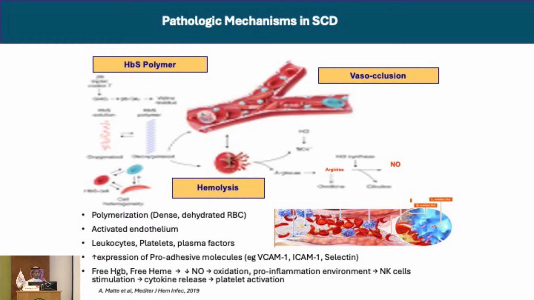That leads to injury of the endothelium and the expression of adhesion molecules that attract different sorts of cells, which really increases the problem and leads to further inflammation released from the white blood cells, attracting white blood cells and platelets, and then aggravating the pathology and the vasculopathy.